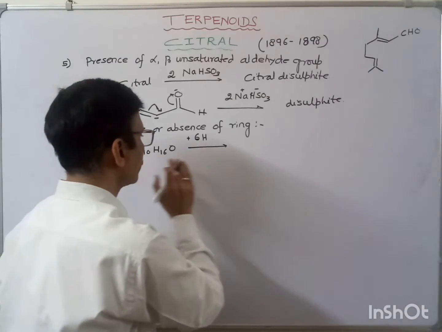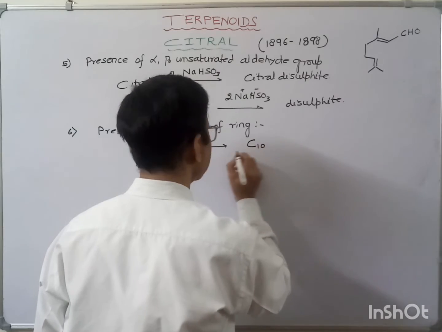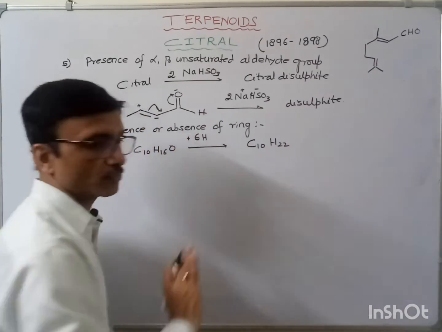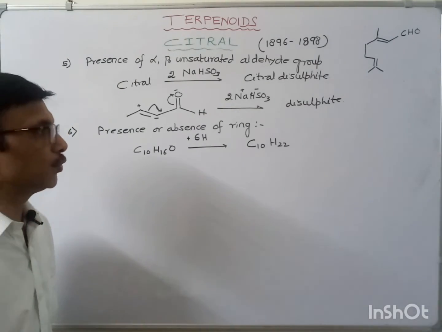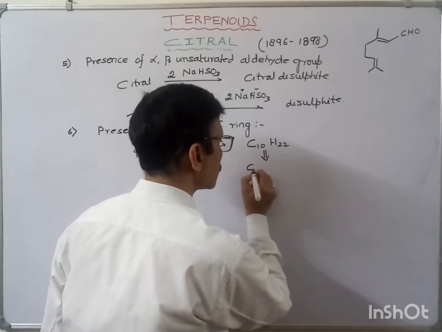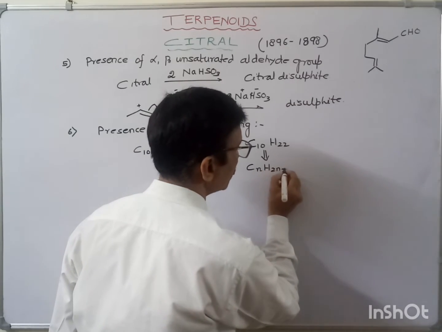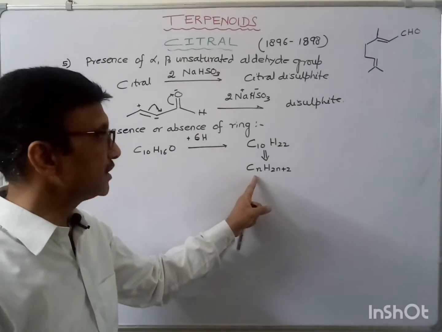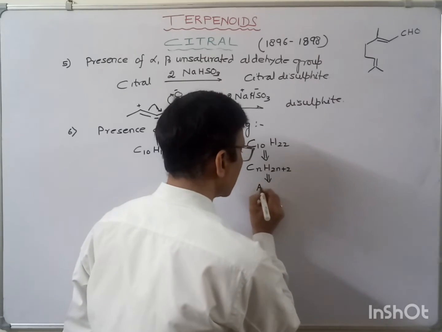If we convert it into the parent alkane form, leaving the oxygen, this is C10H22, which corresponds to the general formula CnH2n plus 2, and it shows that it is acyclic in nature.